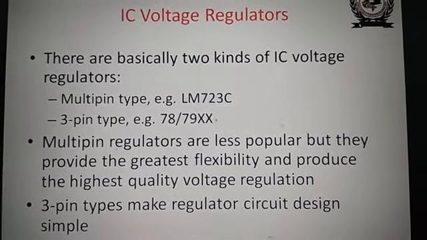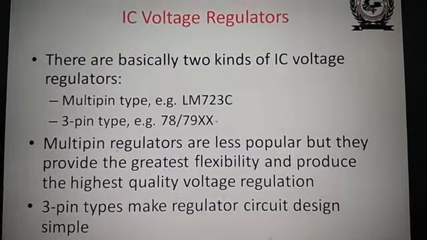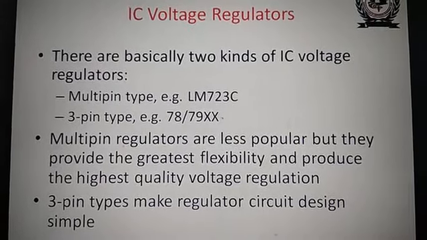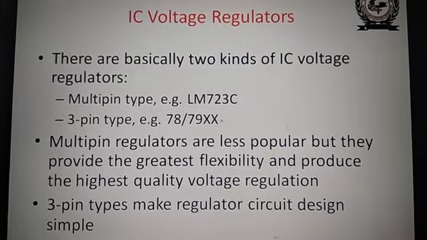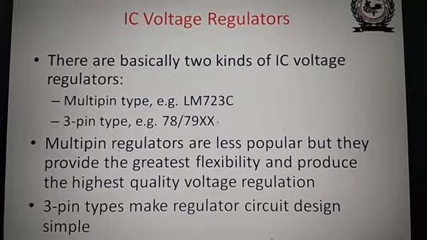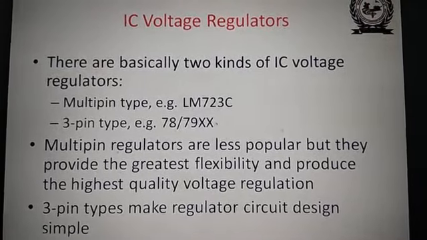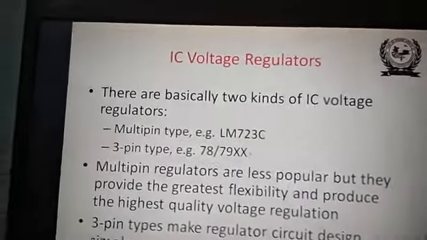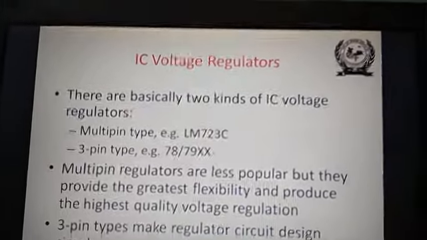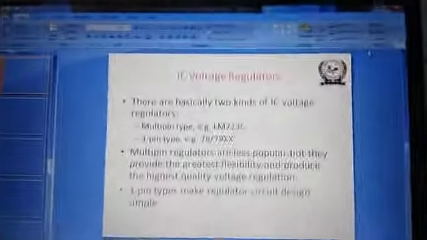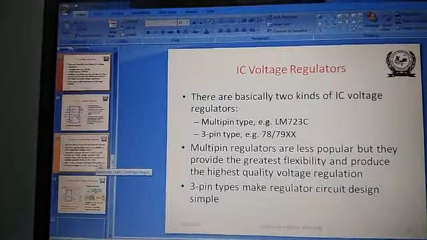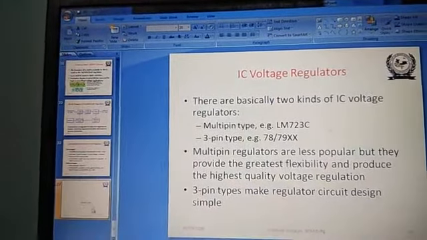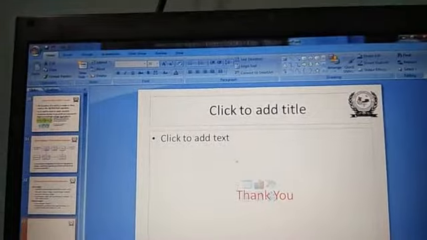And then 3-pin type regulators like the 78XX series, positive voltage regulators, and the 79XX series, negative voltage regulators. So tomorrow we will go for the IC regulators, three-pin regulators, and especially this 723 regulator.